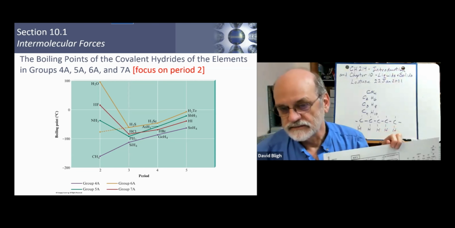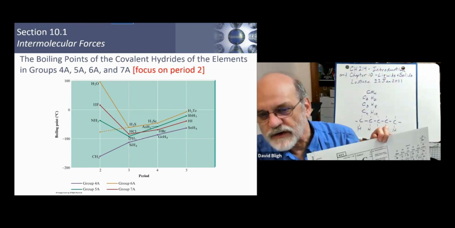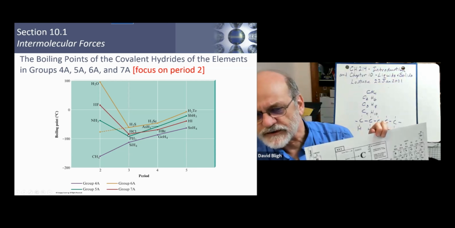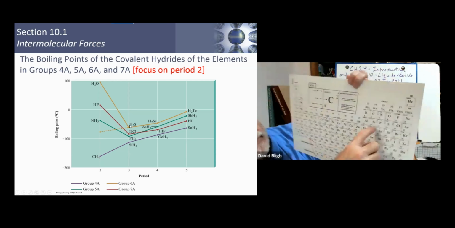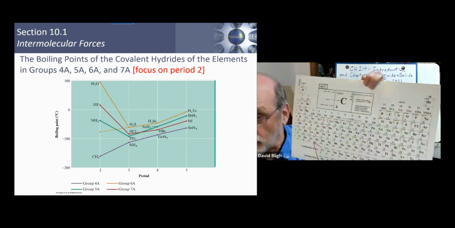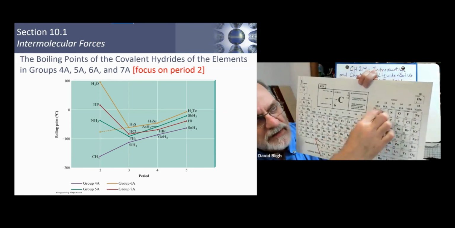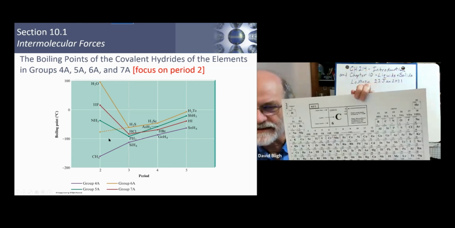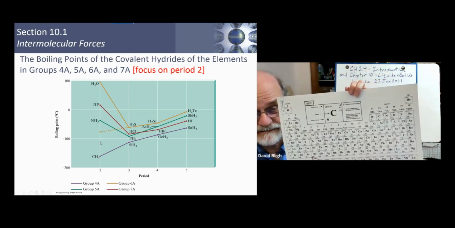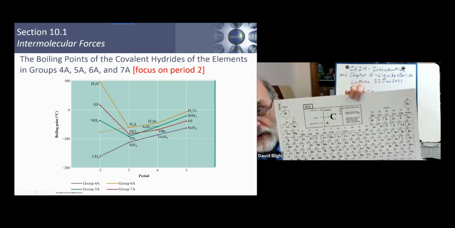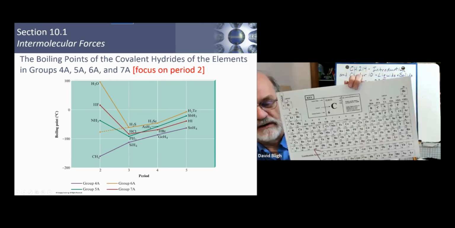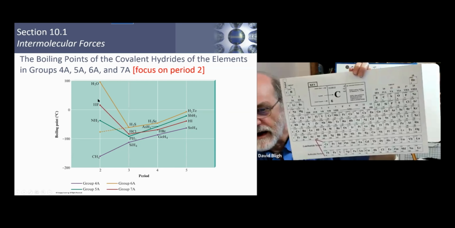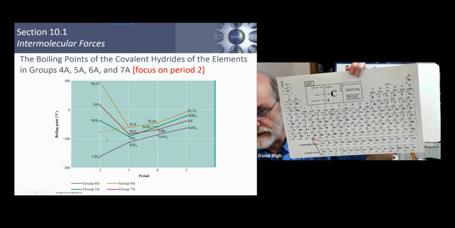Now that doesn't work for all of them. For these other series, where you're starting with phosphorus, chlorine, and sulfur down here, then from there down, the trend works. But in this second period, what we're finding is that other types of interactions are involved. Okay, so London dispersion forces are active here, but over here, the dipole is stronger, right?